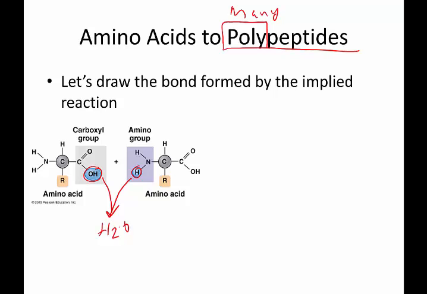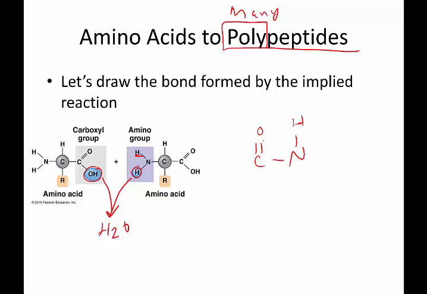So let's actually draw this. So here we have our carboxyl group. That OH and H, remember, is going to be removed. So now we're going to have a bond between the C and the N. We still have 1 H left. So this H right here is still left. Only one of the H's or hydrogens are donated to form water.